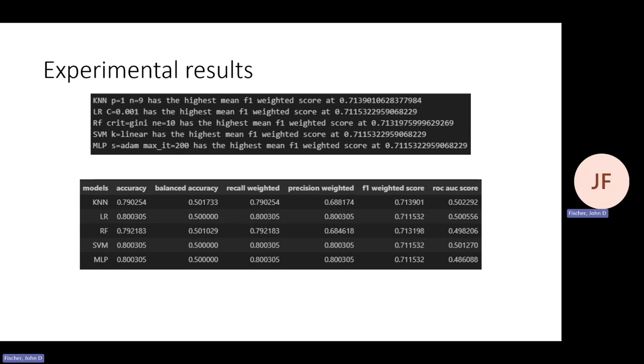I have a theory that even with the weighted scores, my models didn't perform so well. But you'll also notice that at first glance, it looks like every model performed pretty much the same. So in the F1 weighted score, they all have 0.71. And in the AUC score, they either have 0.5 or 0.498. So yeah, they're really close together.